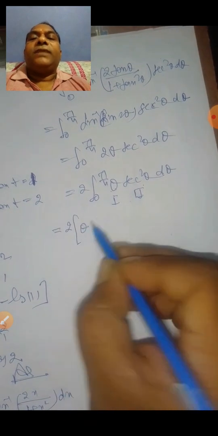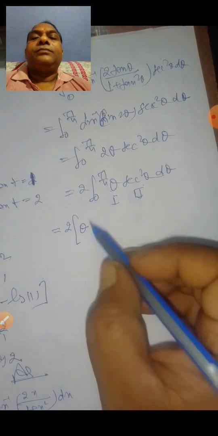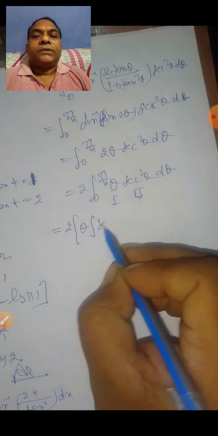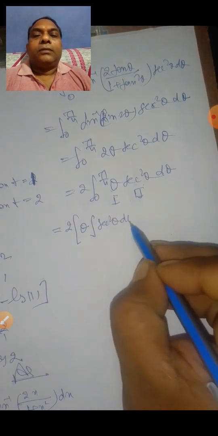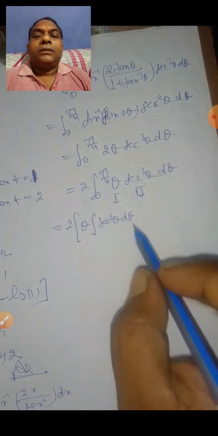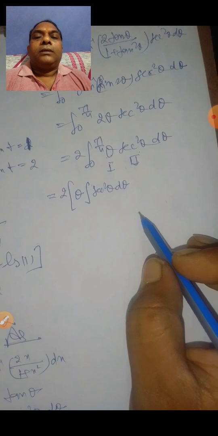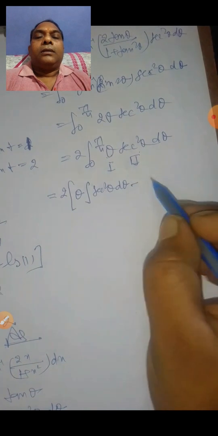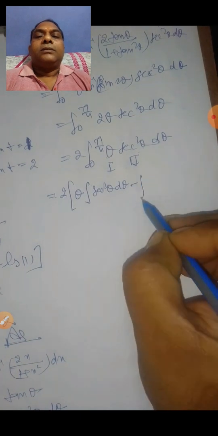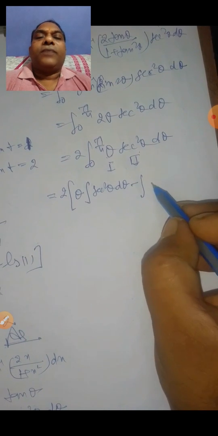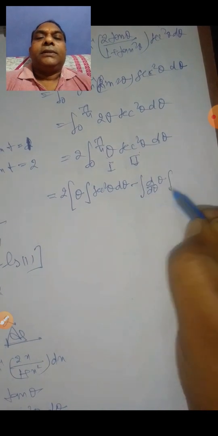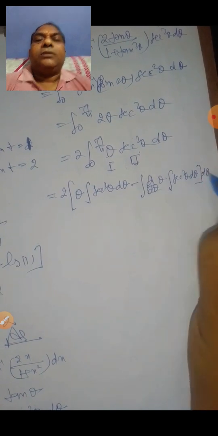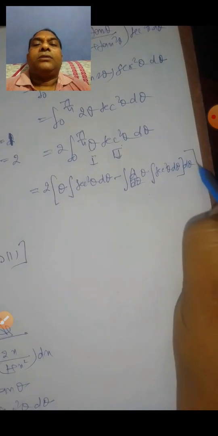Now first function into integration of second, minus integration of differentiation of first into integration of second, and apply the limit also, write the limit also 0 to pi by 4.